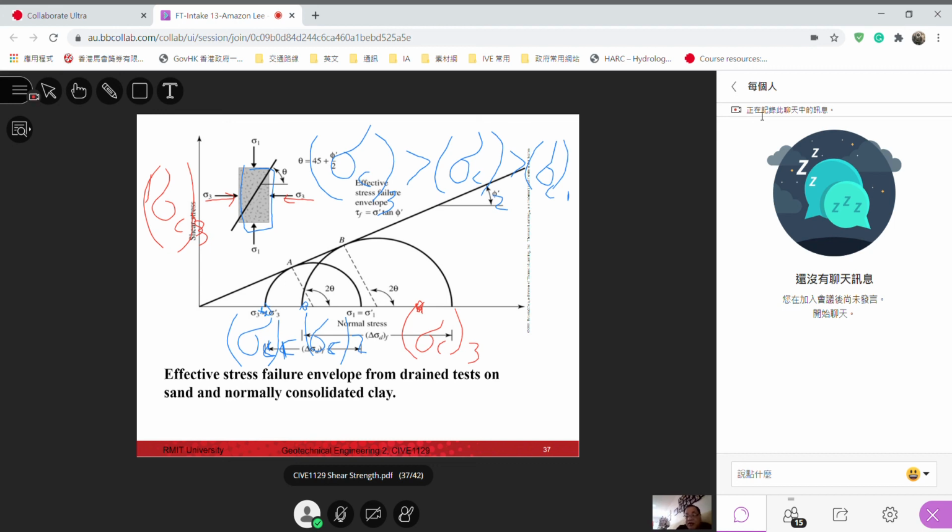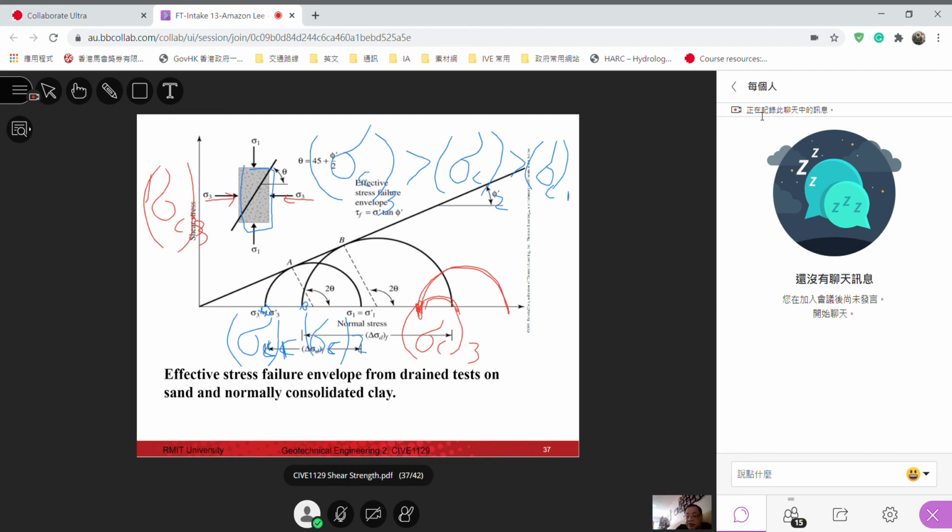We keep sigma 3 constant while we increase sigma 1, so the Mohr circle extends. It's way below the Mohr-Coulomb failure criteria, so the soil specimen is safe. We continuously increase sigma 1, and the Mohr circle increases to here. Sigma 3, the confining pressure, remains constant.